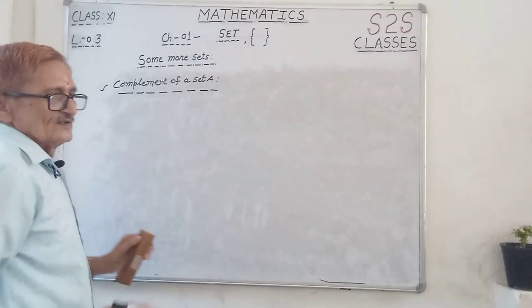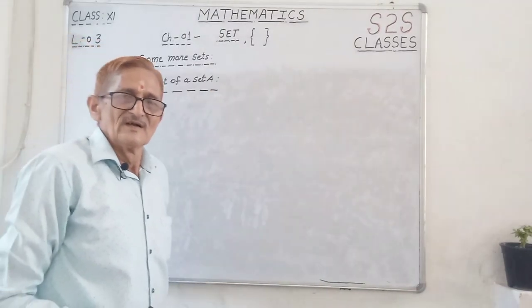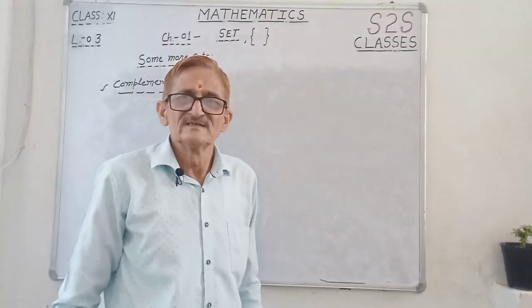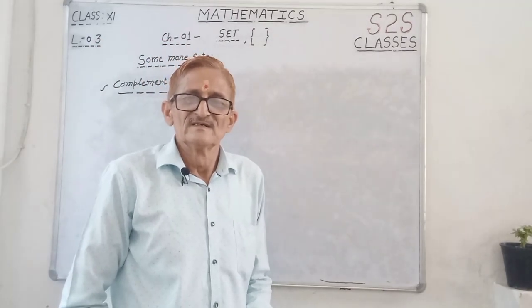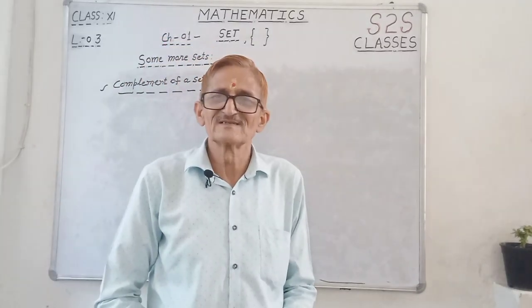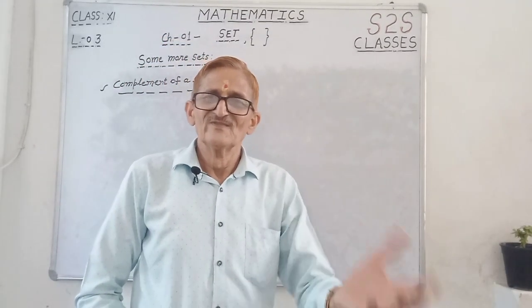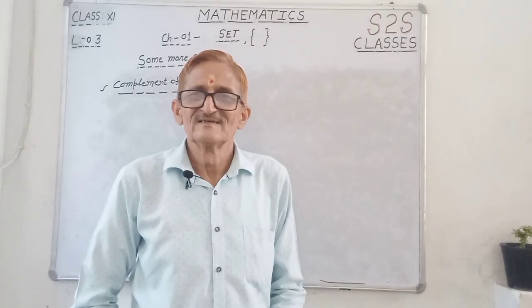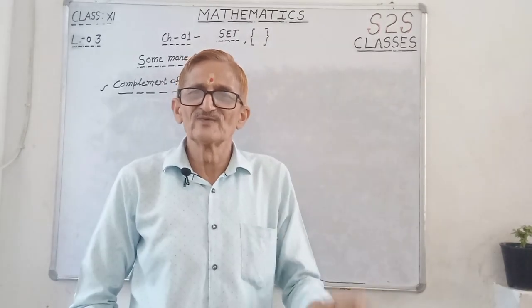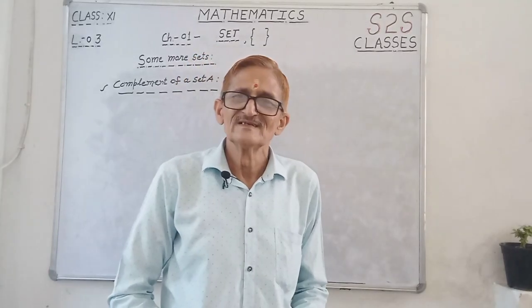Now, under complement, you understand, as we say, two angles are complementary, one with respect to the other. One condition, one fixed rule: the sum of the two angles is 90 degrees.